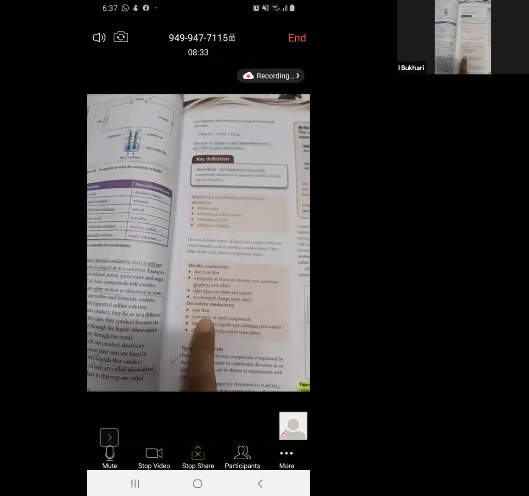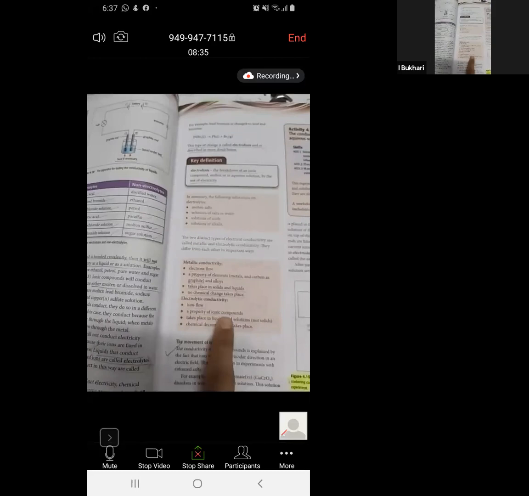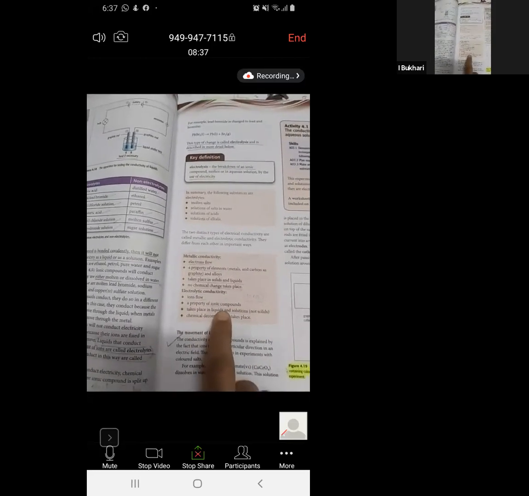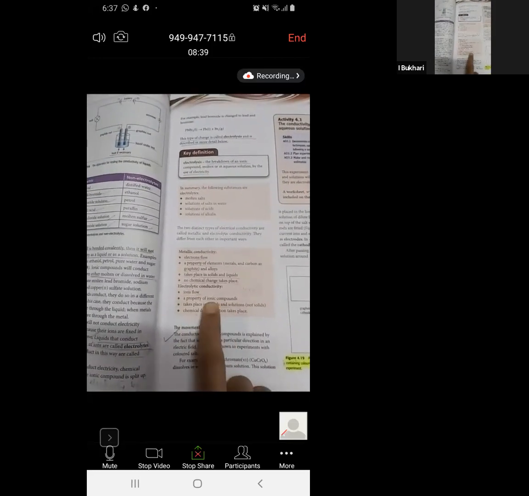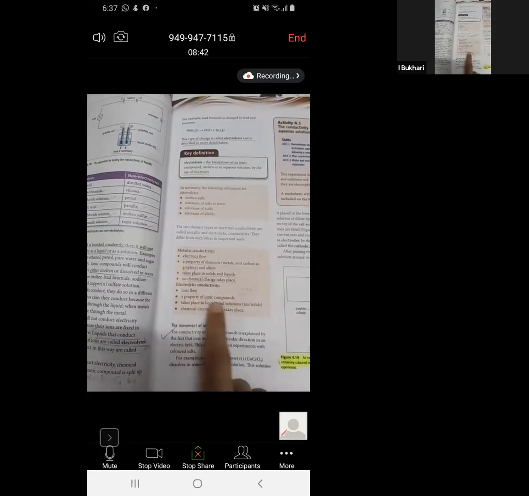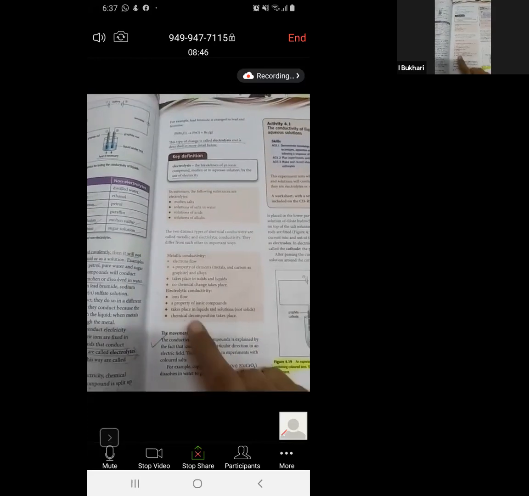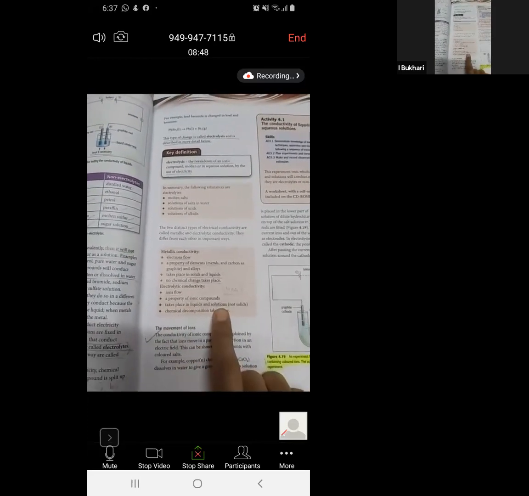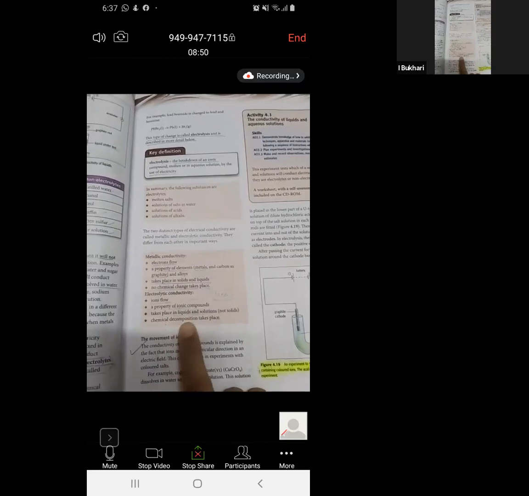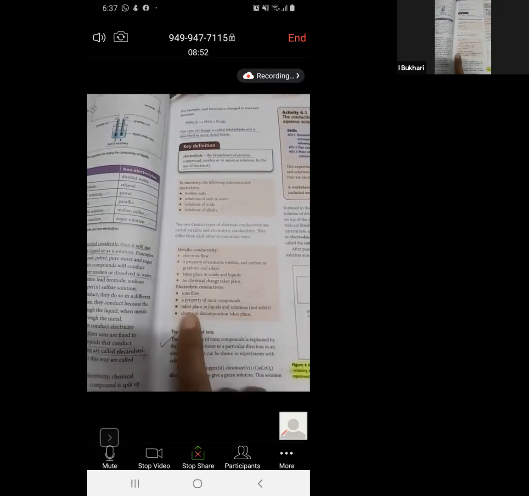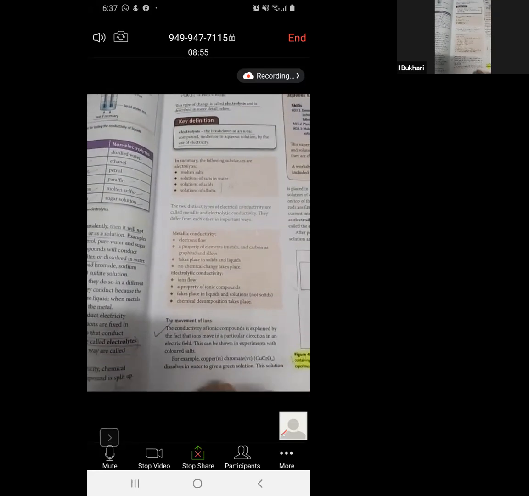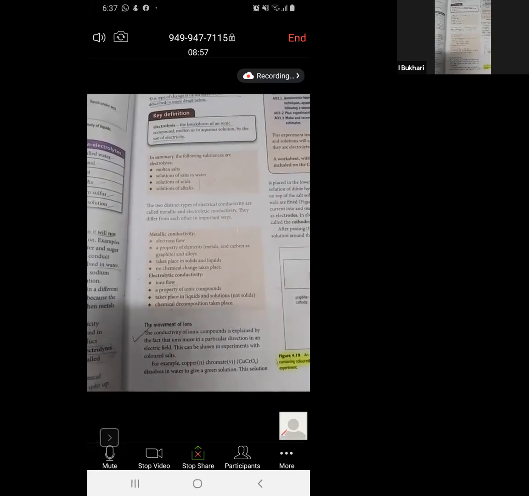Ions or charged particles flow, mobile charged particles, a property of ionic compounds, because ions come from ionic compounds, right? So it can be either in the form of molten liquid or dissolved aqueous solution. Takes place in liquids and solutions, but not solids. Chemical decomposition takes place. So when electricity passes through liquids, it decomposes them into their simpler components, therefore it's a chemical change, right?